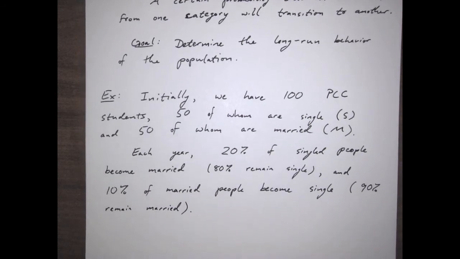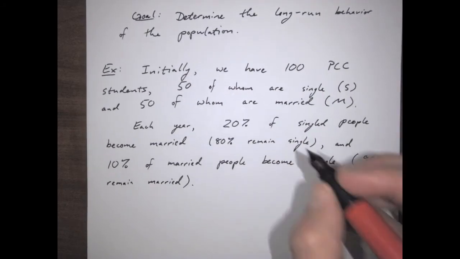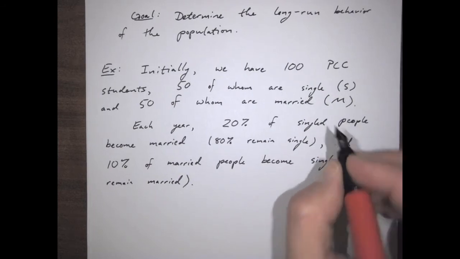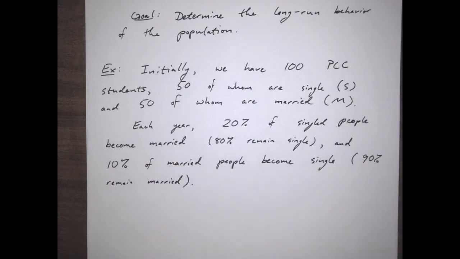Okay, so this would be the kind of setup that we might have. We have a population of 100 PCC students. They can belong to one of two categories, in this case married and single. And then we have some overall behavior: 20% from single become married, 10% from married become single.